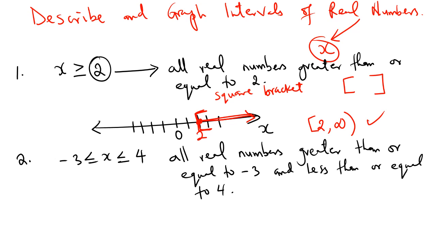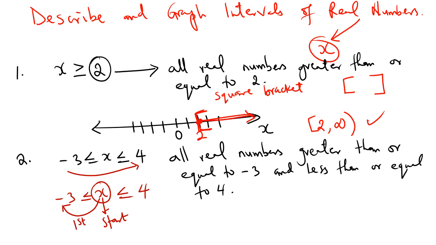A lot of students usually get this confused, so they read all the way from left to right. No, this is not how you do it. The way you read this interval, I'll show you right now. You start from the variable, then go to the left second, and then you go to the right.